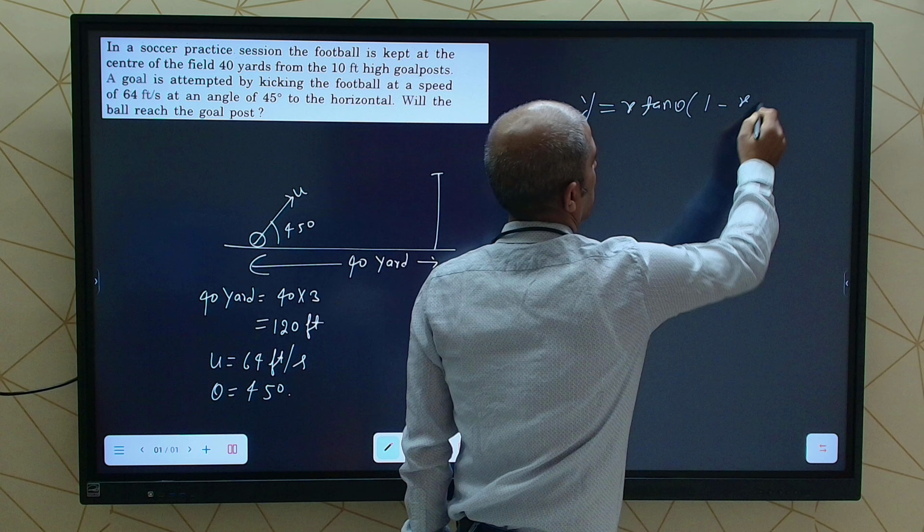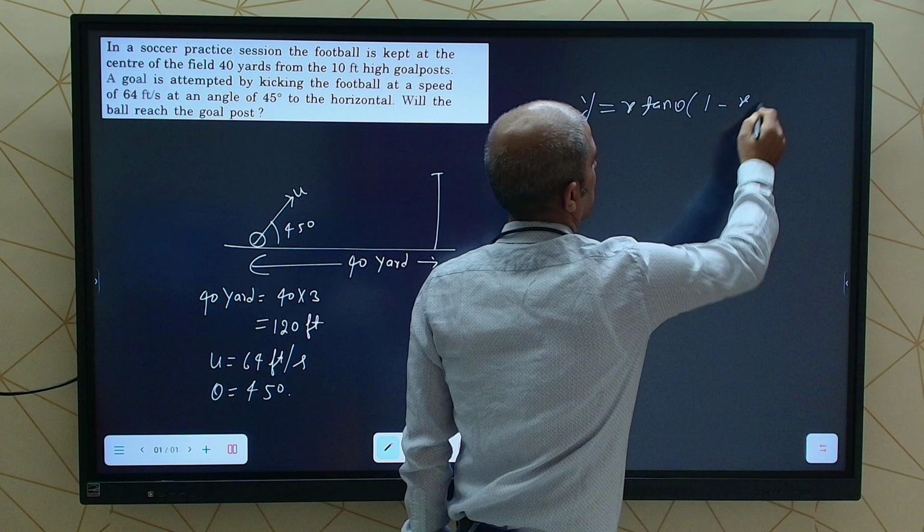And the projection speed, the value of u, is given as 64 feet per second, and the angle of projection is given as 45 degrees with the horizontal, that is theta is 45 degrees.